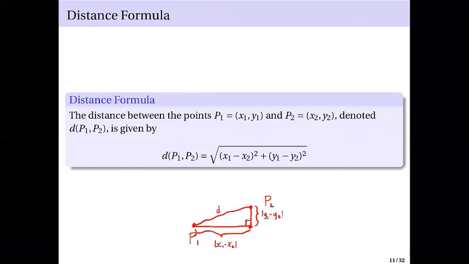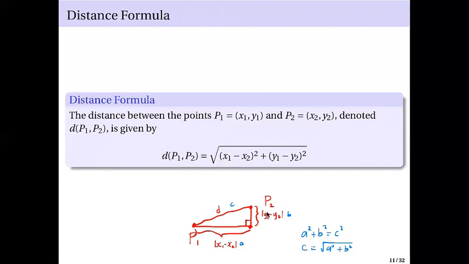And then remember your Pythagorean theorem. If we label this as your C, this is your A, this is your B, then you have A squared plus B squared equals C squared, or C is the square root of A squared plus B squared. With this, your A is equal to the absolute value of x1 minus x2. If you square it, it's always positive, so you'll get this part.